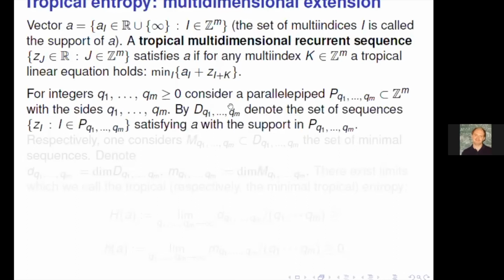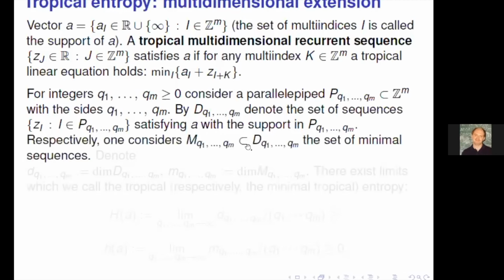And in a similar way to the one-dimensional case, we denote the set of sequences with the support in this parallelepiped by D capital Q1, Qm. And in the similar situation, we consider the set of minimal sequences. So we just generalize from the one-dimensional case. And again, we denote by d small the dimension of the set.